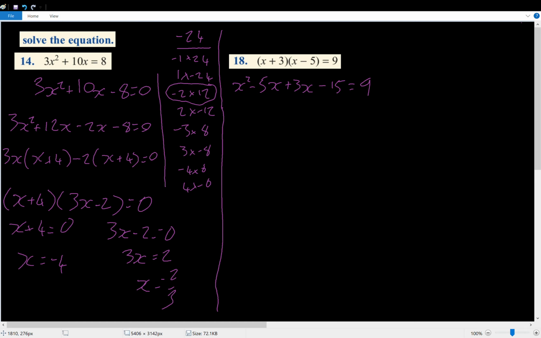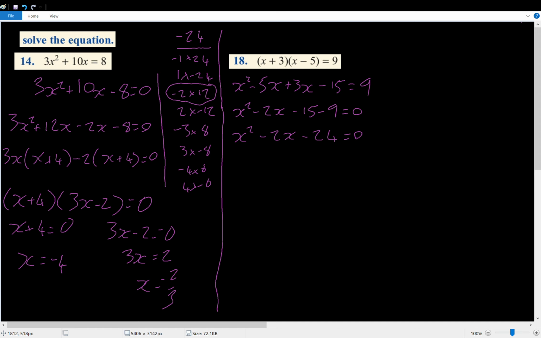So we're going to bring the 9 over and do the sum for our x terms in the middle. So we're going to get x squared minus 2x minus 15 minus 9 is equal to 0, in which case we get x squared minus 2x minus 24 is equal to 0, like that.